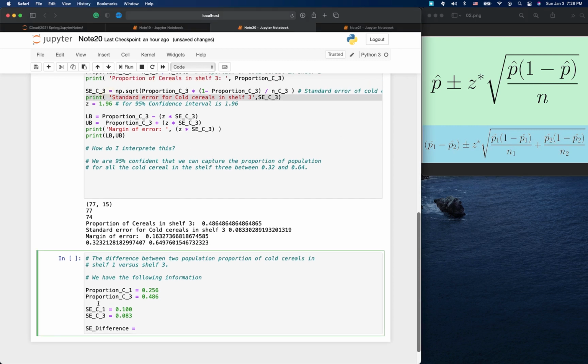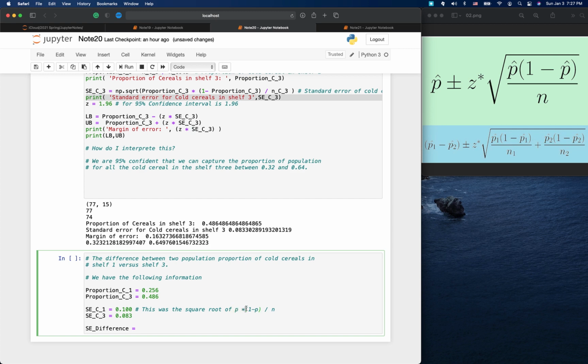So I want this, but because this one was the square root of proportion multiplied by 1 minus proportion divided by n, right?